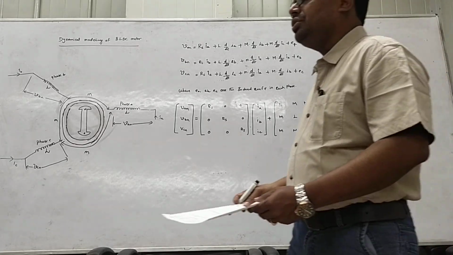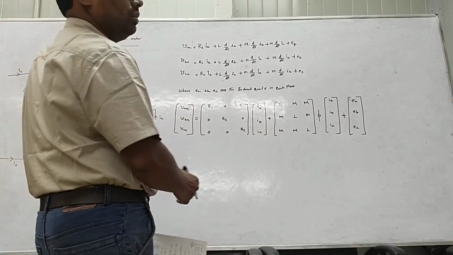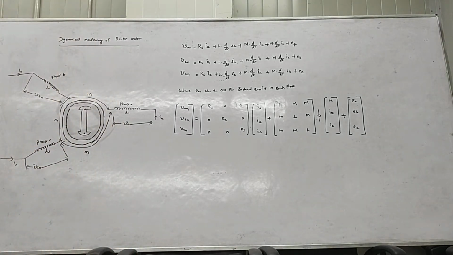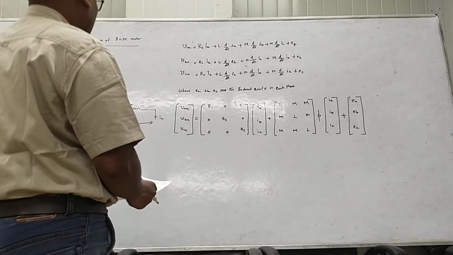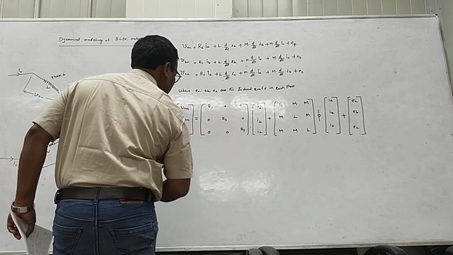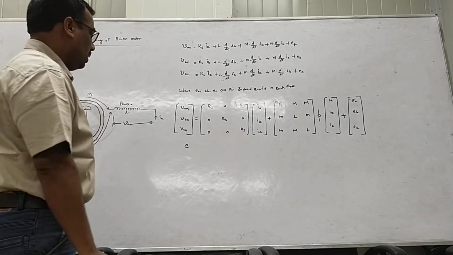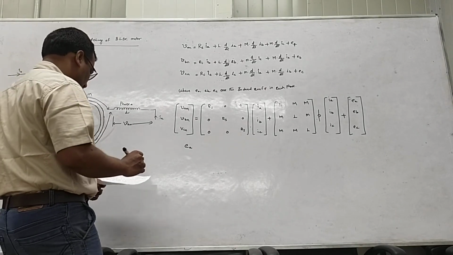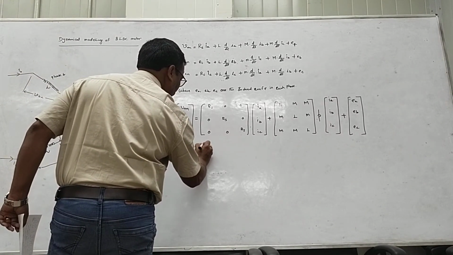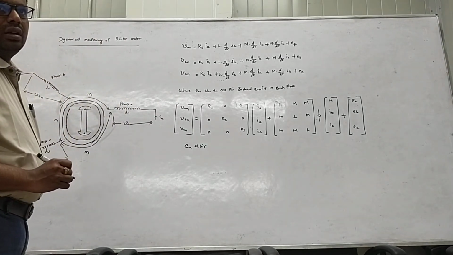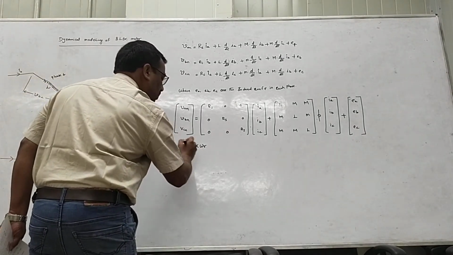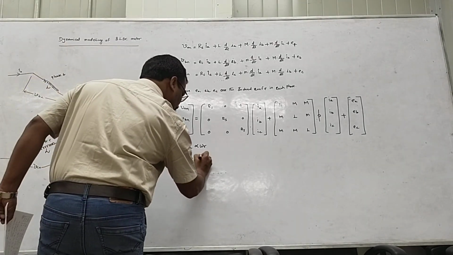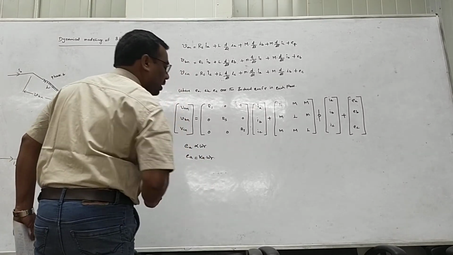So as you know from the fundamentals of DC motor, rotational motors, what we can represent here is the induced EMF in each phase winding. Let us assume EA is directly proportional to the speed of the motor, omega r. If you replace the proportionality with a constant, EA is equal to some constant Ka into omega r.